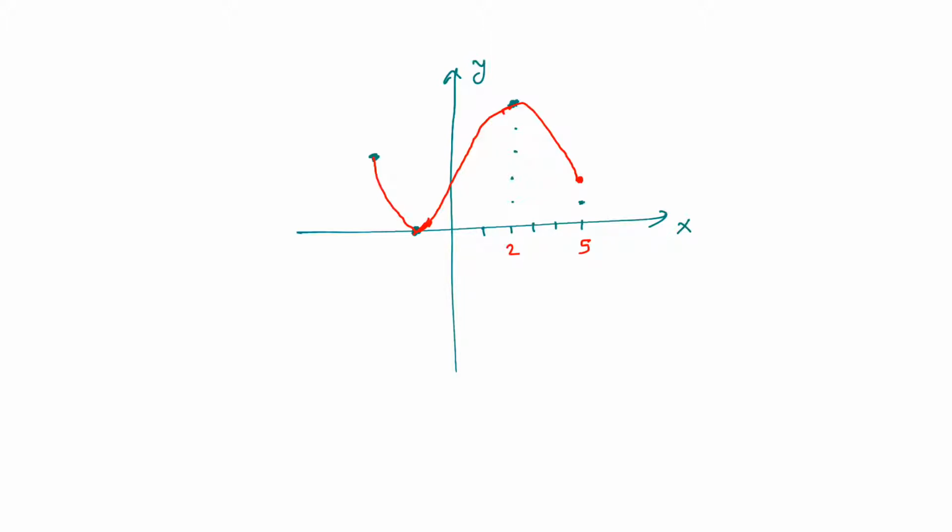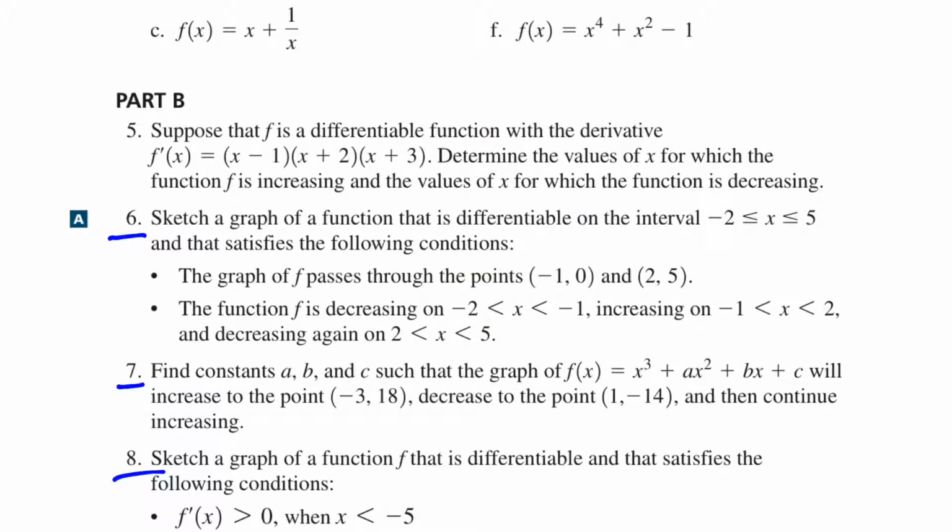The graph is something similar to this. Obviously, the graph is not unique. Another option could be joining these points by a straight line. The values of the function at negative 2 and 5 are unknown. Any y value can be chosen.